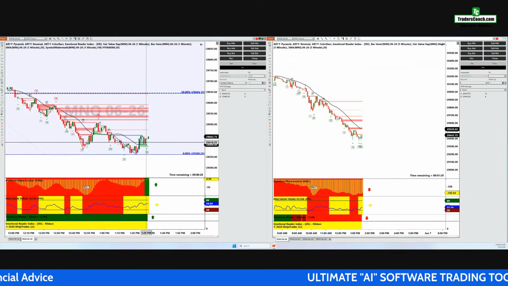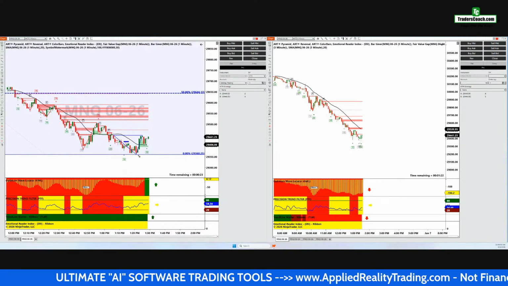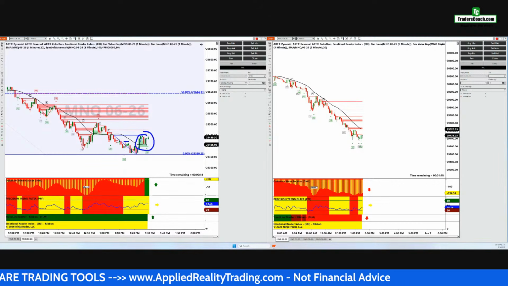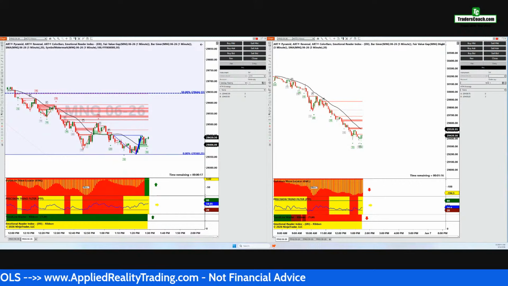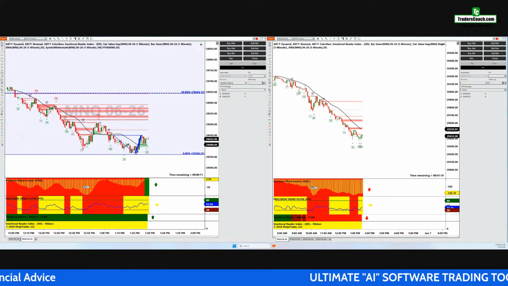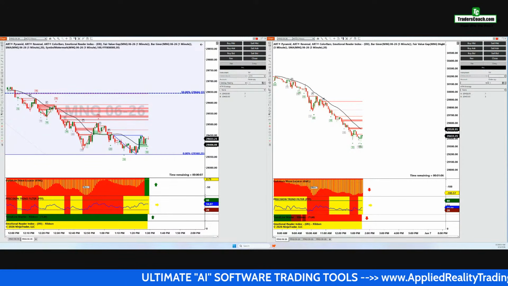We've broken a little bit of a minor structure down here. So this was here. I want to see if we have a change in state of delivery. We might, but we just kind of want to rule out manipulation. Could have an ABC and then a dump. Okay, or you could have this where it just never looks back and keeps going. All right, that's the hard part.